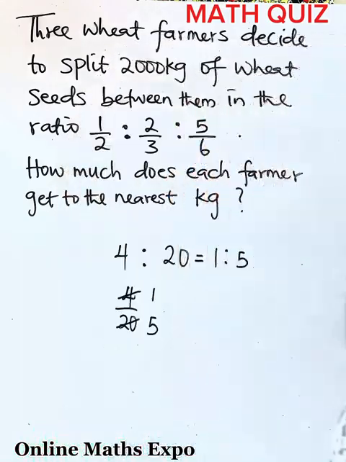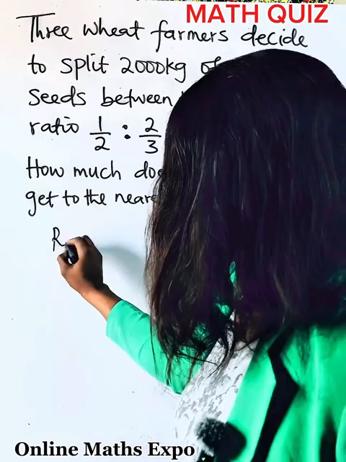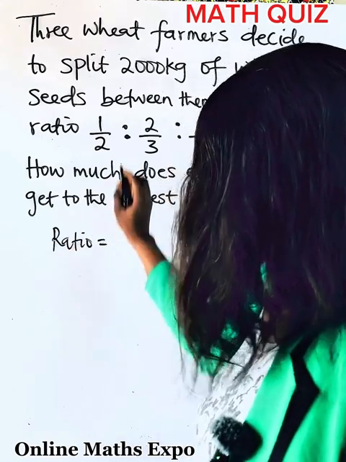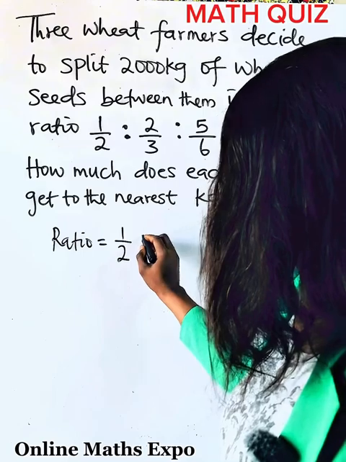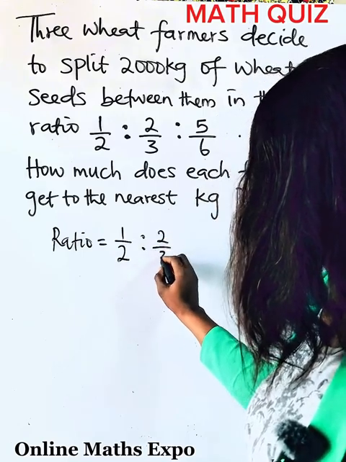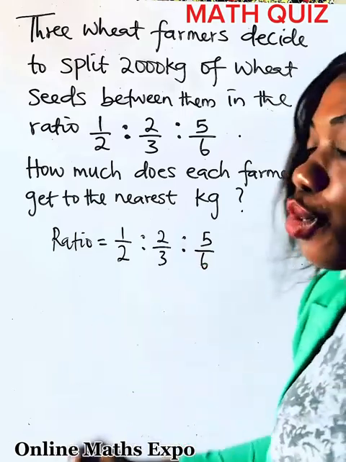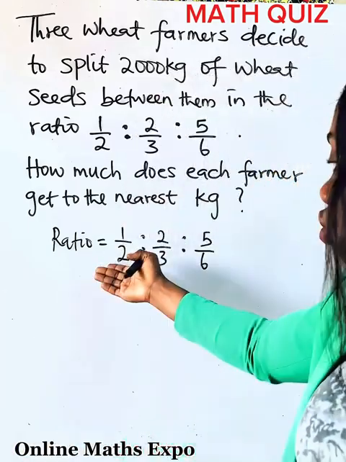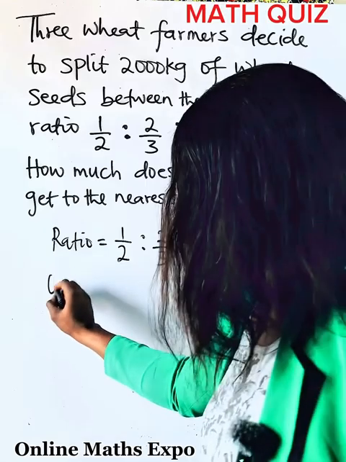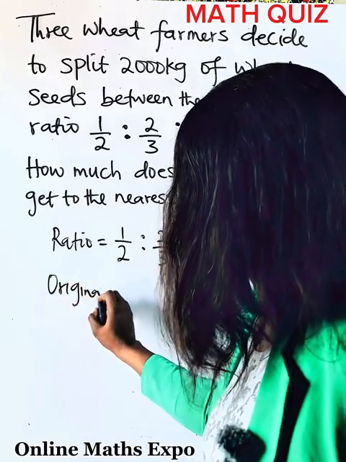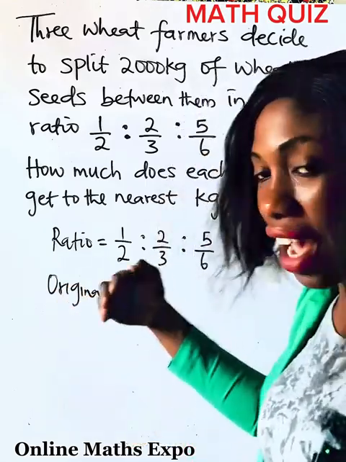So to solve this question, our ratio is given as 1/2, 2/3, 5/6. Now, if you want to get the original number that was reduced to this ratio, what do you do? Remember, when you were reducing, you divided.